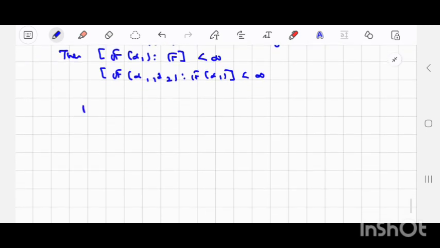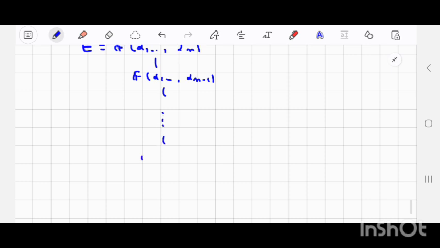So what do I actually have? I have something of this form, right? E equals F(alpha 1, ..., alpha n), which is an extension of F(alpha 1, ..., alpha n minus 1), and so on and so forth, till F(alpha 1) over F. Is it clear?